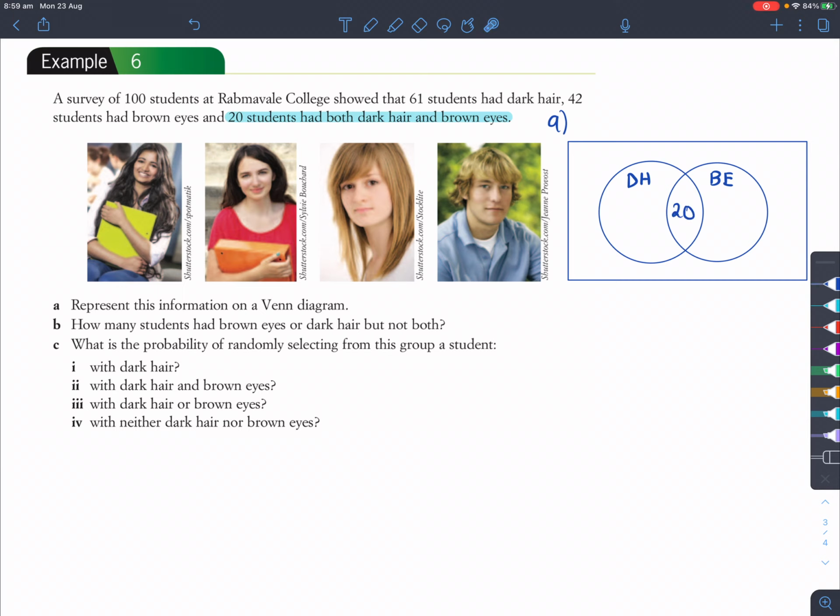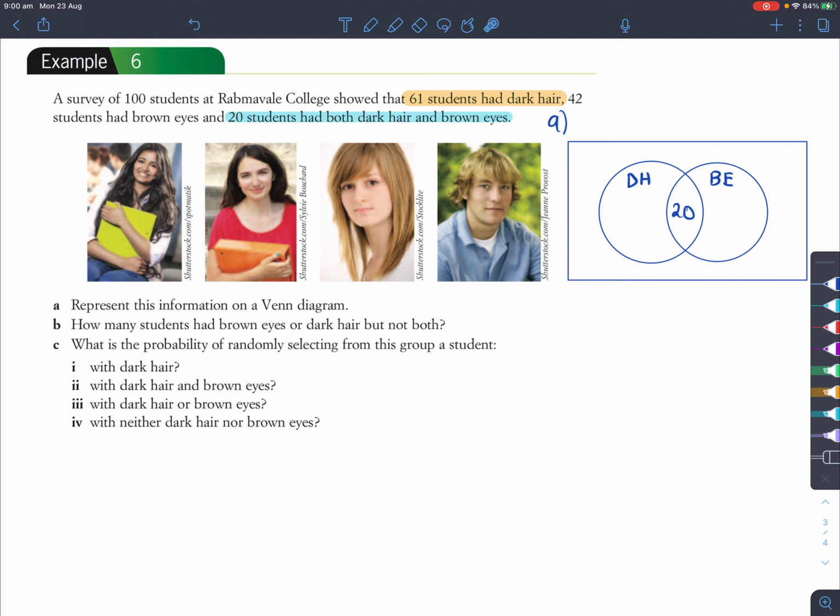Now, let's have a look at what we can put in this part of the Venn diagram. It says here that 61 students had dark hair. So if I have a look at this circle, this should include students with only dark hair and students with dark hair but also with brown eyes, okay?